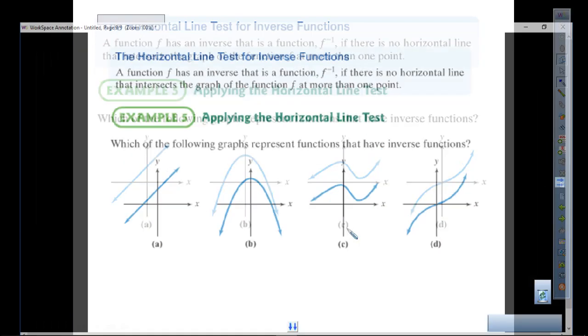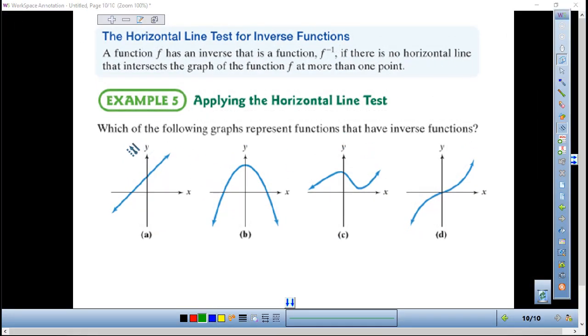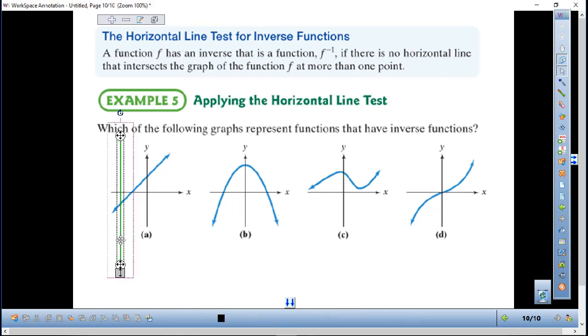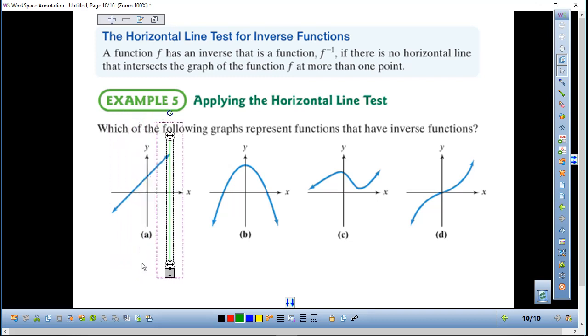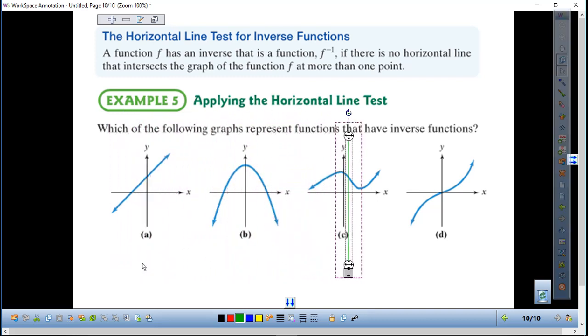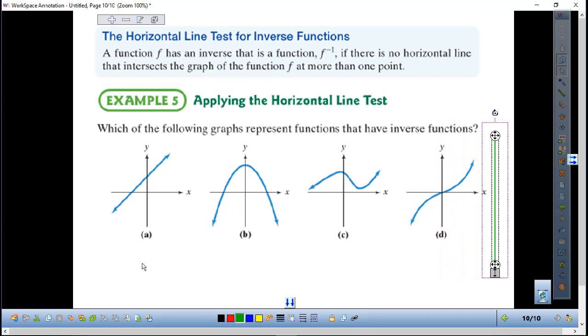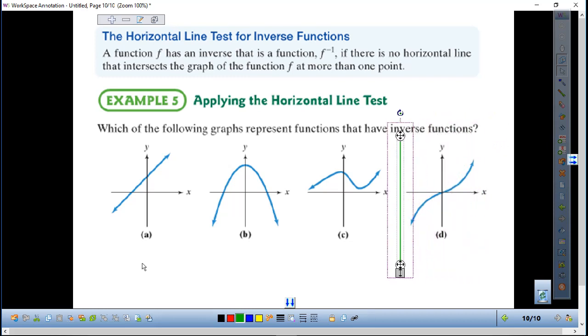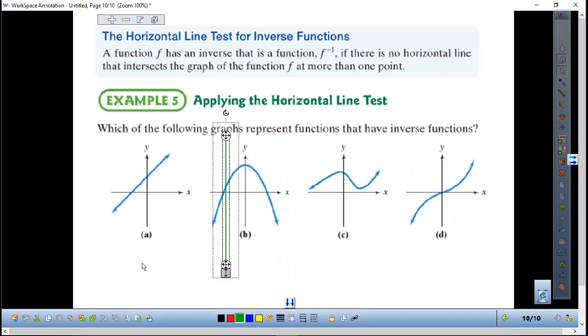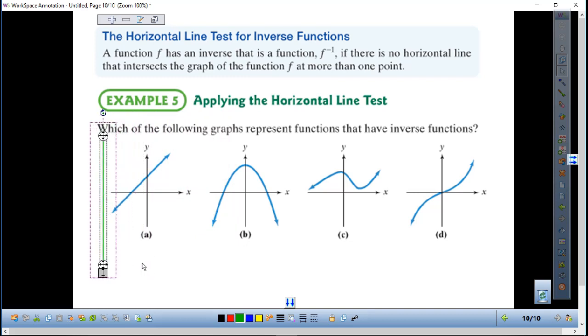So while we did the vertical line test for functions, and all these pass, what we're doing here, if we're checking to see if the inverse will be a function as well, if x's and y's change position, that means horizontal and vertical change position.